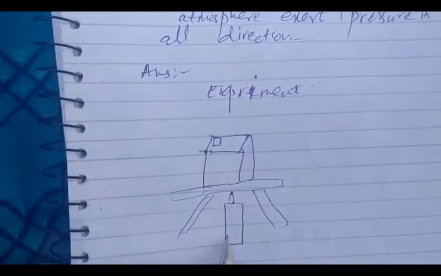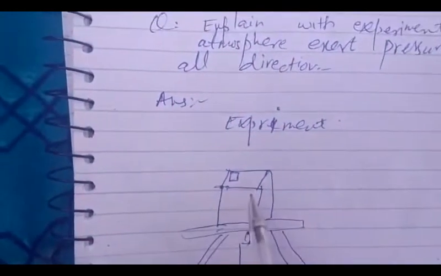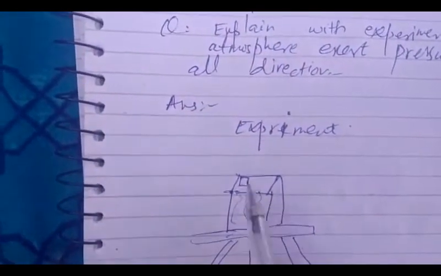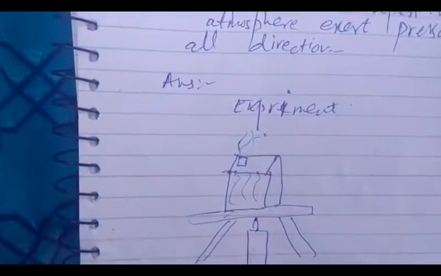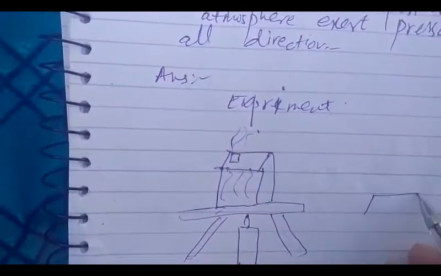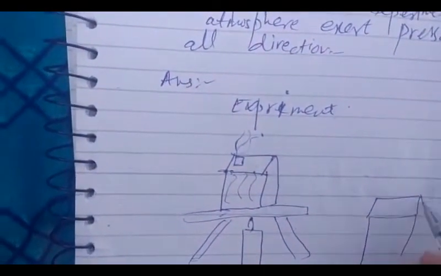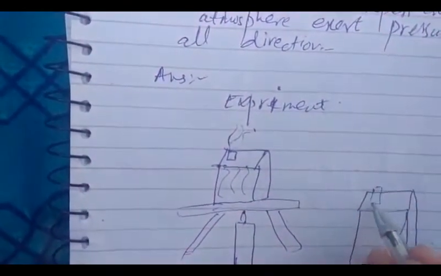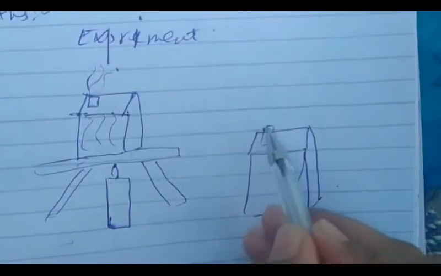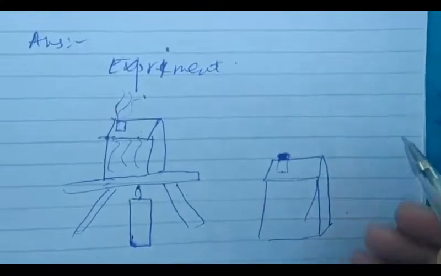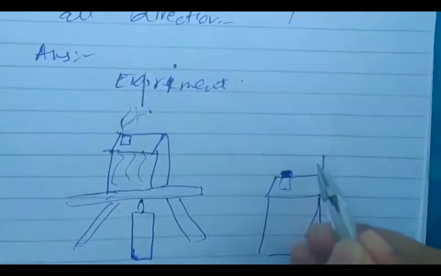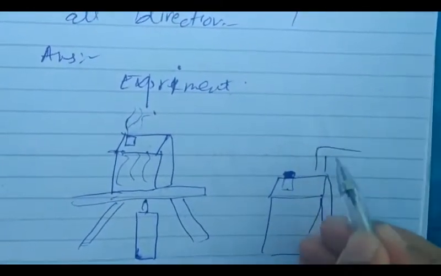Take an empty tin can, open its cap, fill it with water and place it over a flame and wait until the water boils and steam expels out air from its cap. Then remove the can from the flame. Close its cap and place it under tap water.